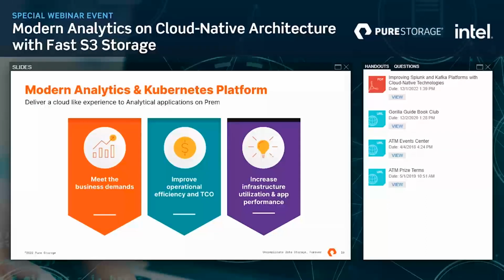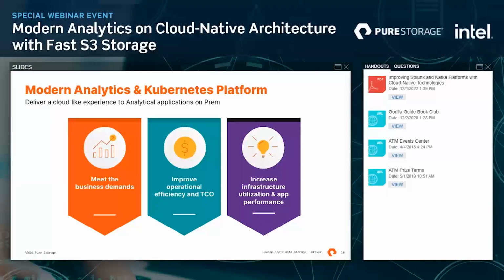We want to share with you improved operational efficiency and TCO, accomplished with ease of management and improved efficiency around node failures. And this means that there's less time managing and more time spent extracting value for the business.